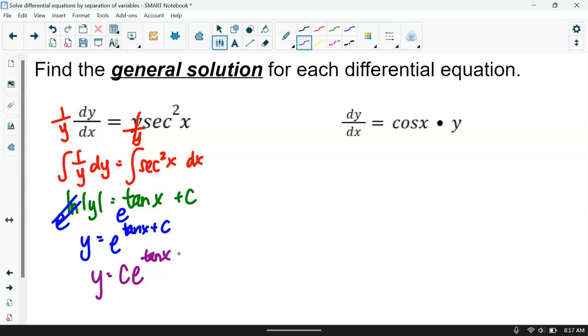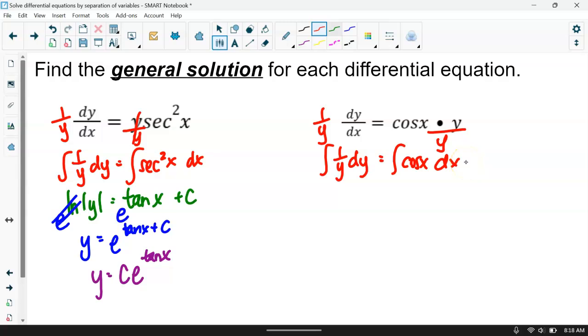So pause the video and try this one on your own. And here we go. So again, because you're multiplying by y, divide by y, which is the same as multiplying by 1 over y. So now here we're at the integral of 1 over y with respect to y, which is equal to the integral of cosine x with respect to x.